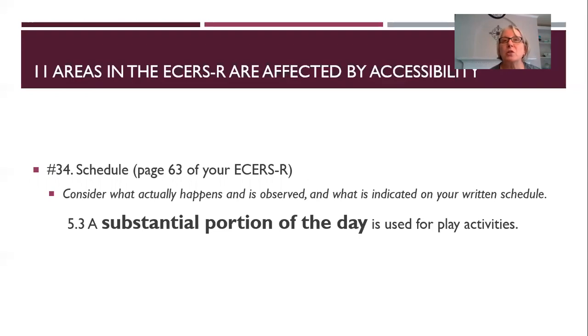So you do have to make sure that your written schedule does indicate where your free play happens, where your substantial portion of the day occurs. And that hits you under 5.3. Substantial portion of the day is used for play activities. Is it actually happening? Is it written down? And can it be observed?